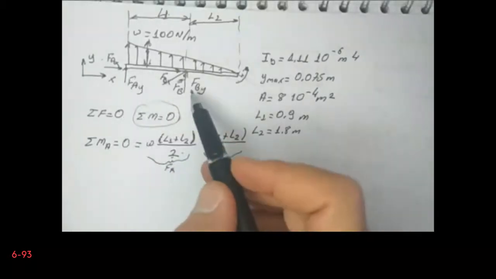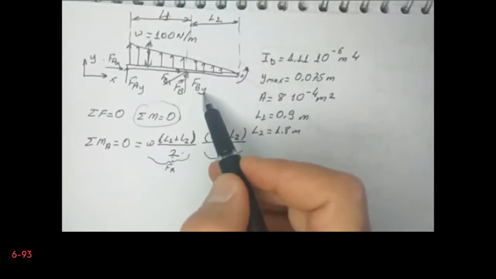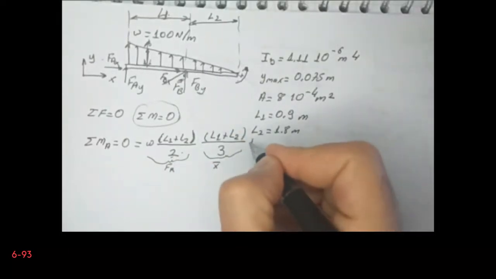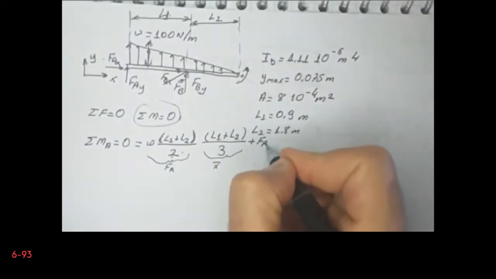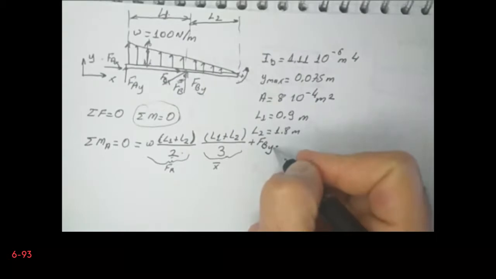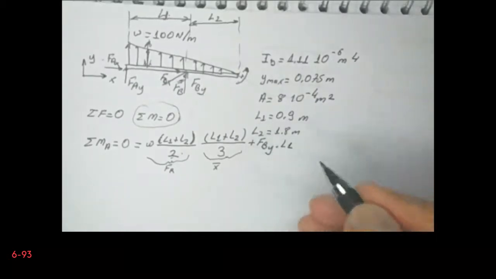Then I have the moment generated by FBY. Certainly this is FBY multiplied by L1. From here I can calculate the FBY.